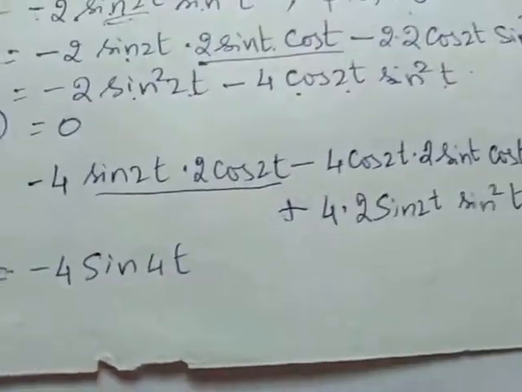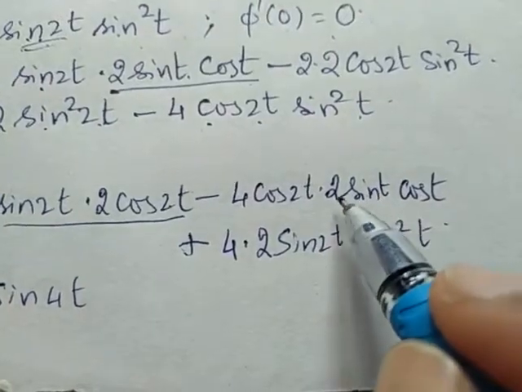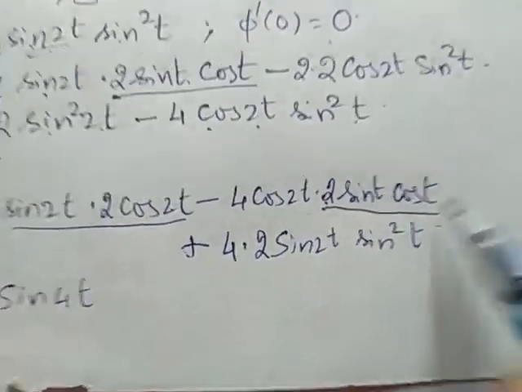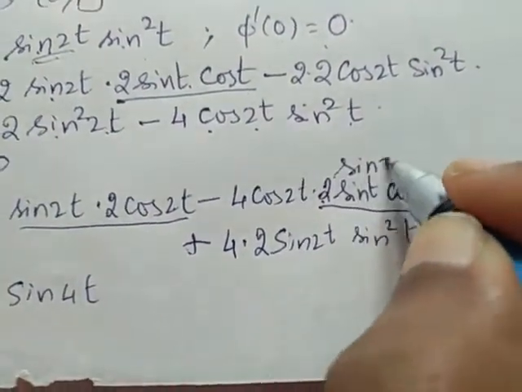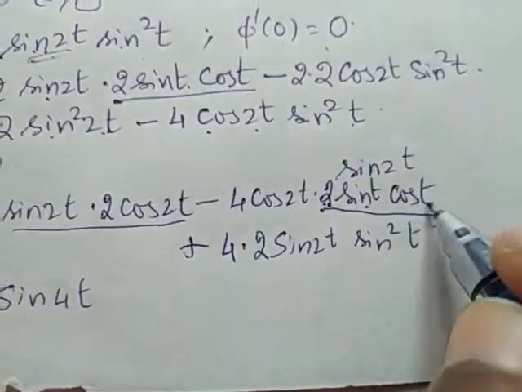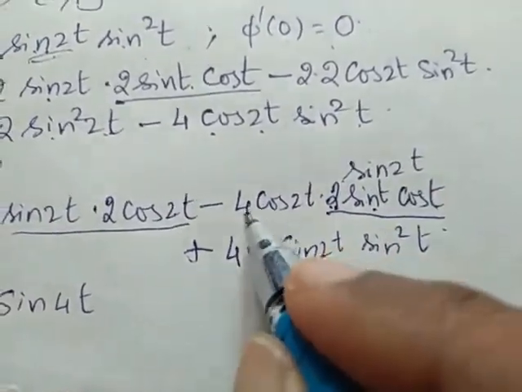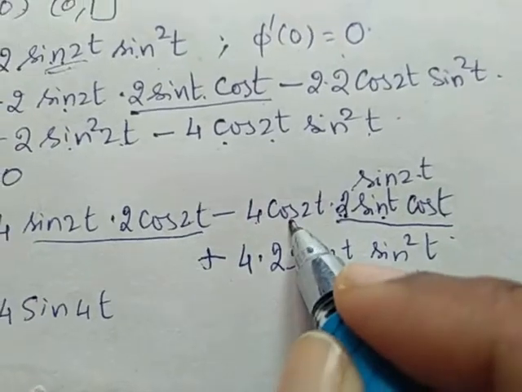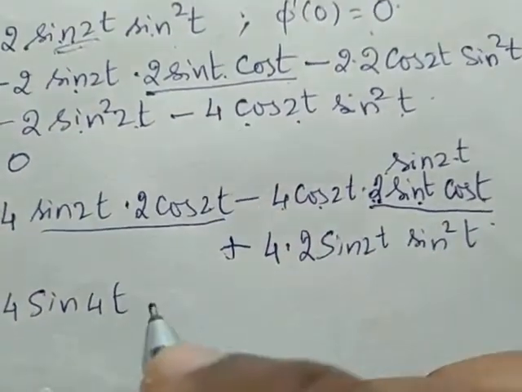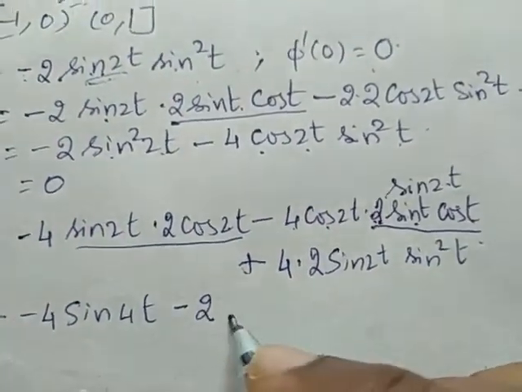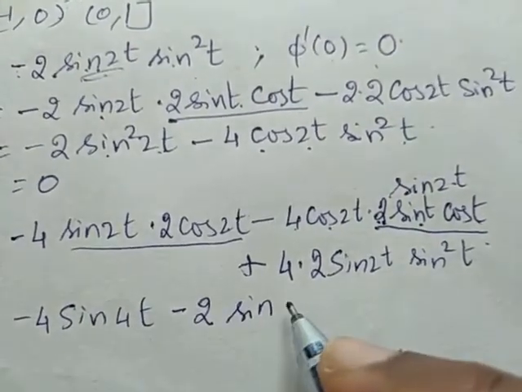I have grouped these terms. Then here also 2 sin t cos t is sin 2t. Again 2 sin 2t cos 2t is sin 4t. Therefore here I will get minus 2 sin 4t.